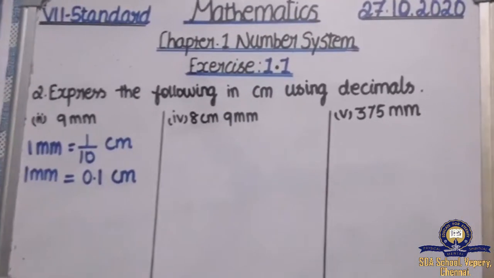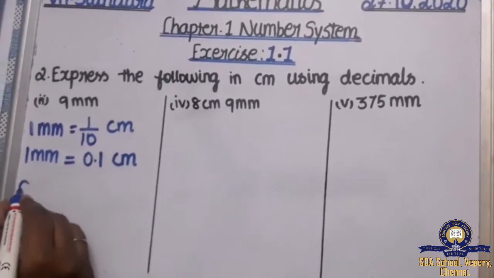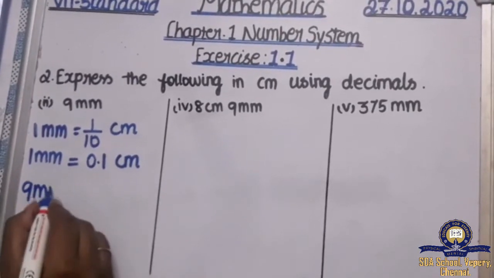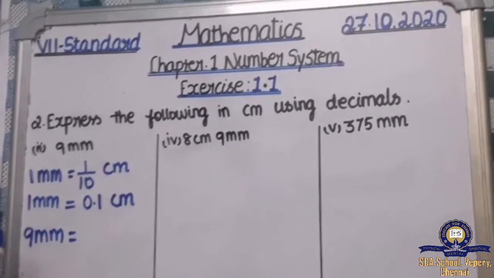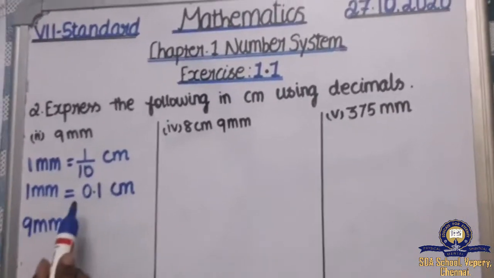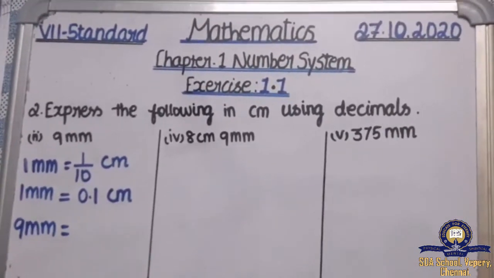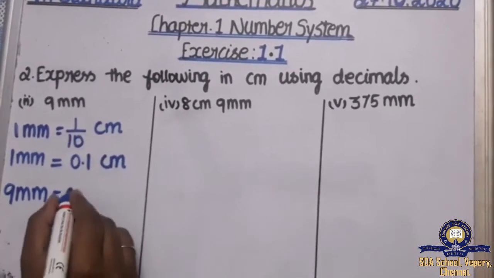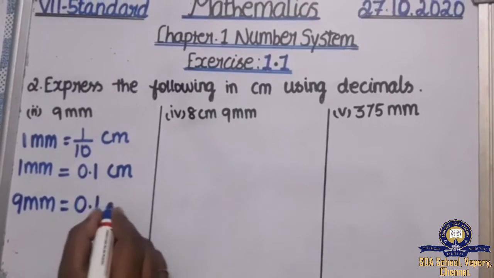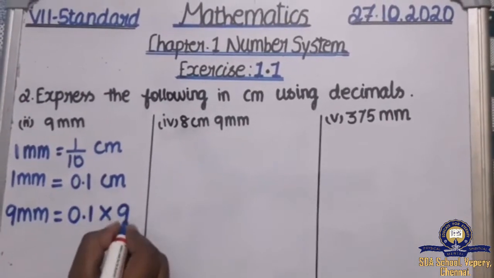Here they have given 9 millimeter. So 9 millimeter is equal to, what is the formula for 1 millimeter? 1 millimeter is equal to 0.1 centimeter in decimals. Here we need to change into decimal, so 9 millimeter is 0.1 multiplied by 9.